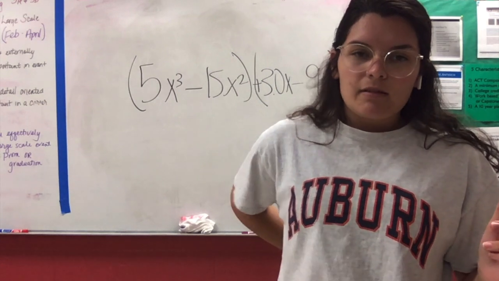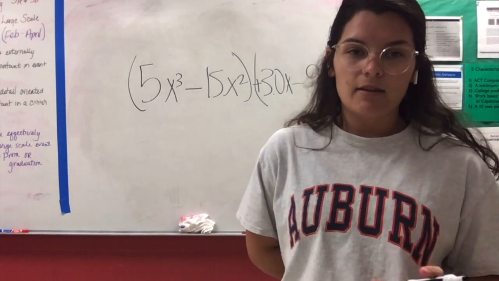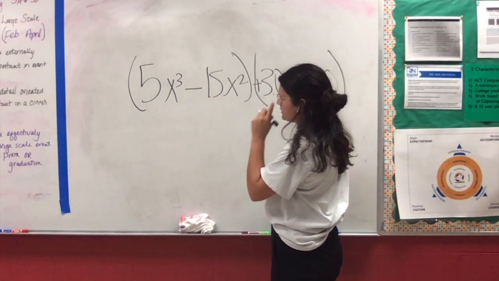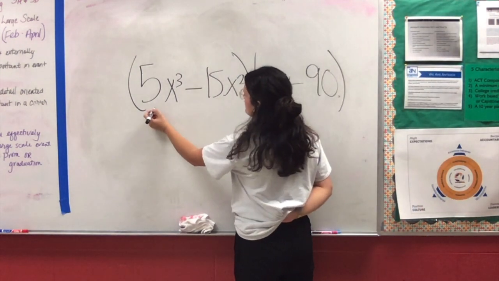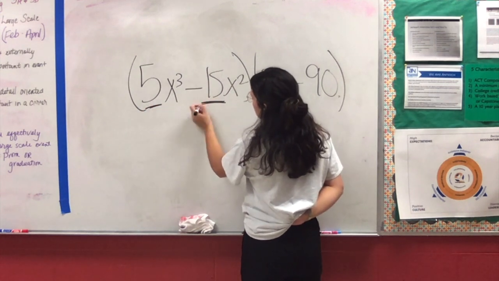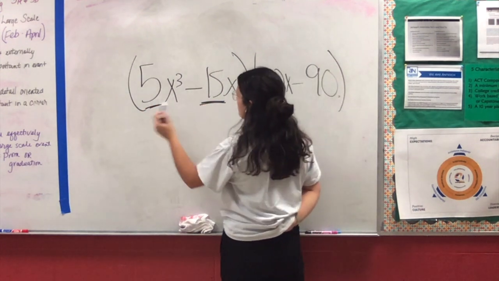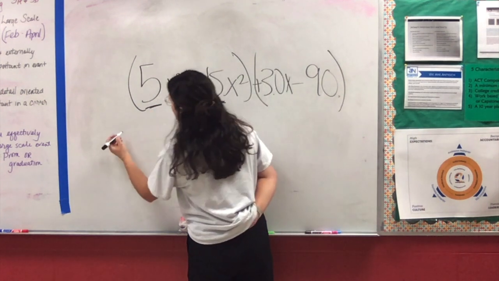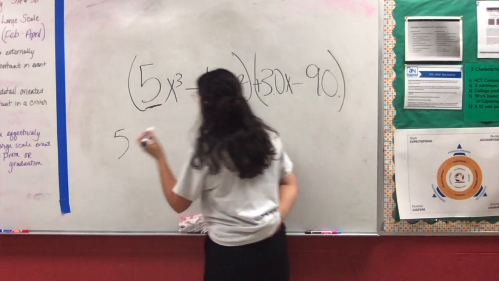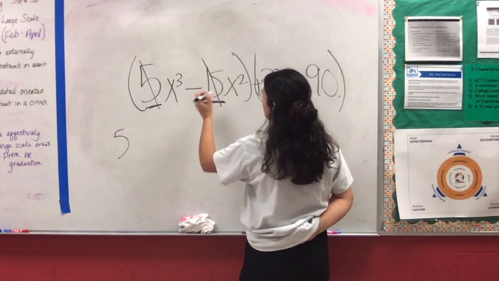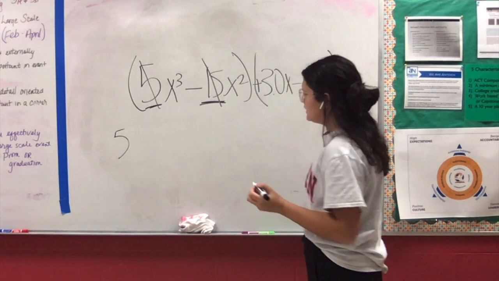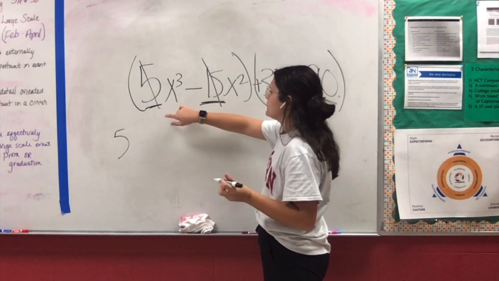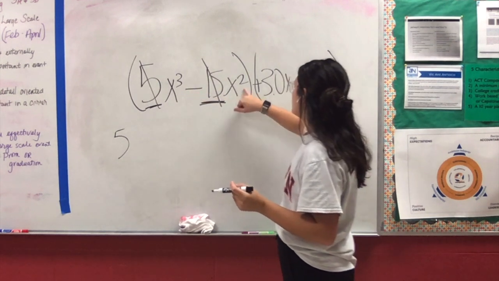Okay, so let's start with these two terms. 5x cubed minus 15x squared. Let's look at the greatest common factor. Let's look at these whole numbers. We have 5 and 15. 5 goes into both of these, meaning negative 15 is divisible by 5. So let's take our 5 out. And now let's look at our variables. We have an x cubed and an x squared.